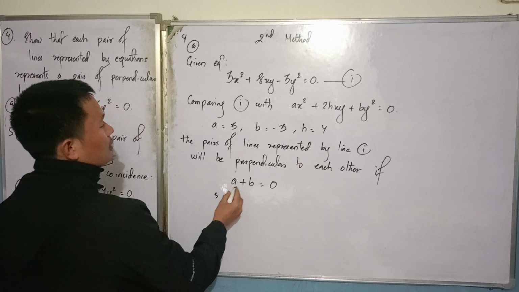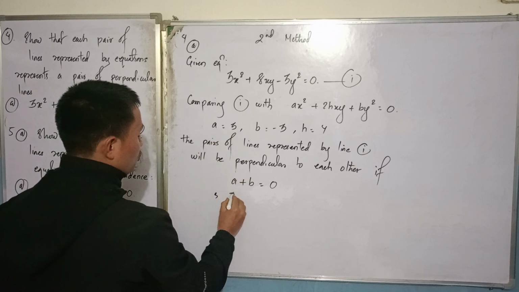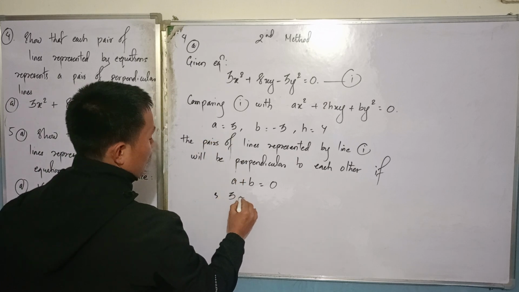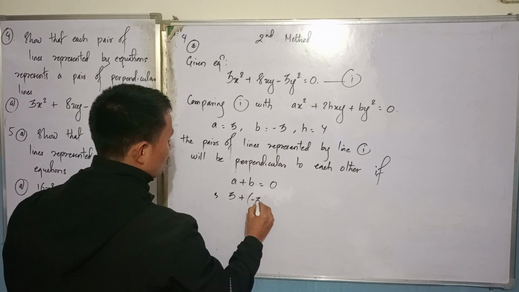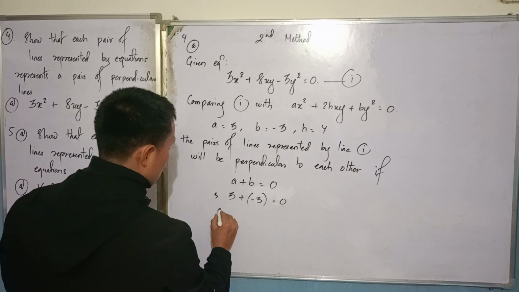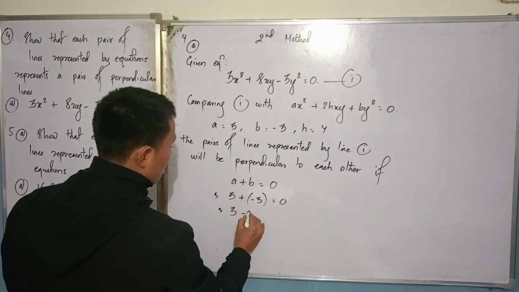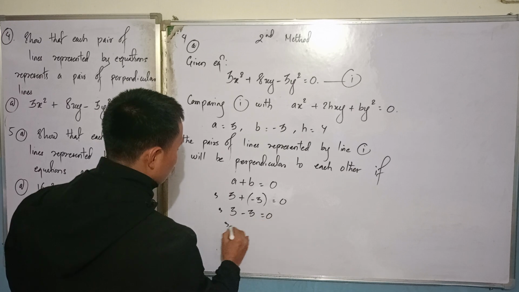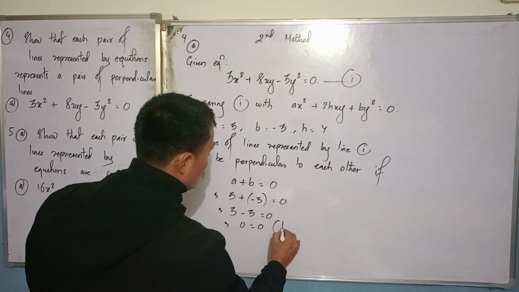So here in this case we have a equals 3 and b equals -3, so 3 plus (-3) is equal to 0, that is 3 minus 3 equals 0, which is true.